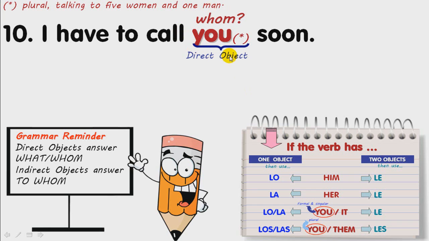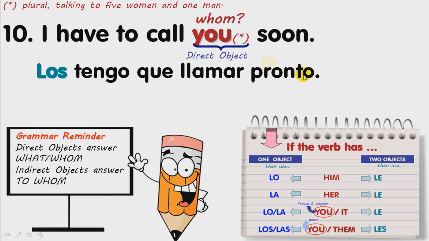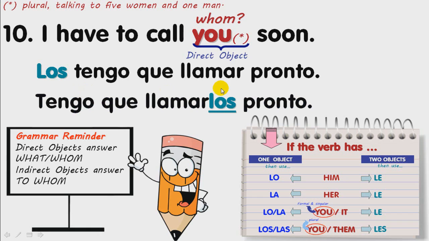You is plural in this case, and we have five women, but there's one man. In Spanish, if there is only one man, we use the masculine form. So plural and masculine, los. Los tengo que llamar pronto, or, as we have two verbs, we have two options. Tengo que llamarlos pronto. And this is the end of guided practice number 3.